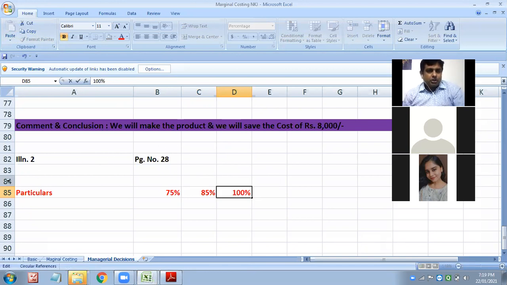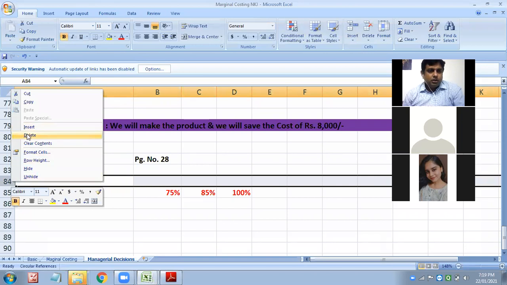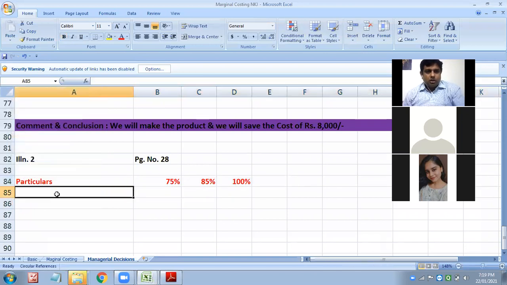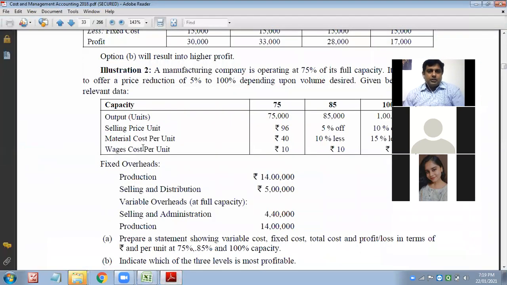There are a few details. Selling price I will take at the last. From the total cost I will deduct it, and I can easily get the profit or loss. I will go as per the cost sheet style.